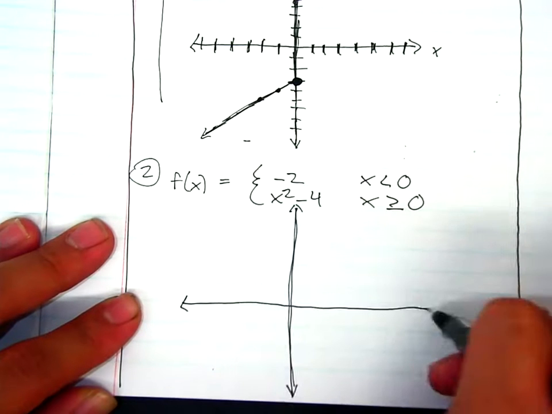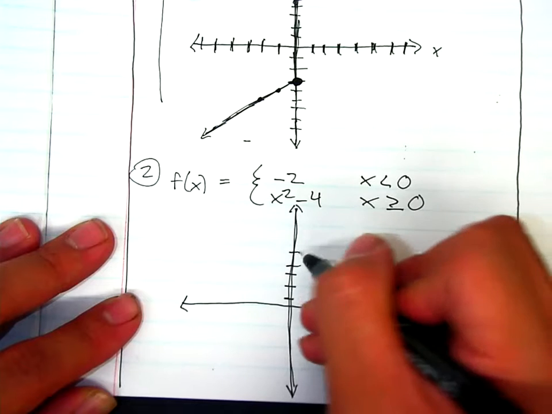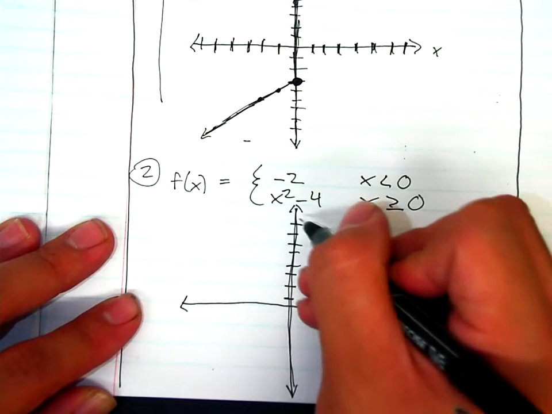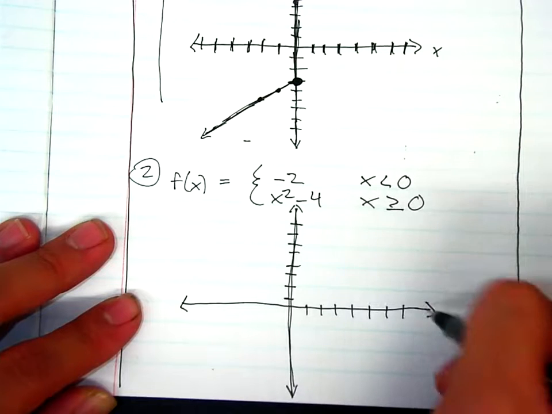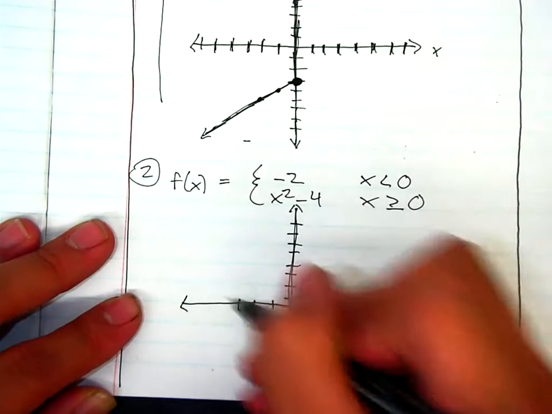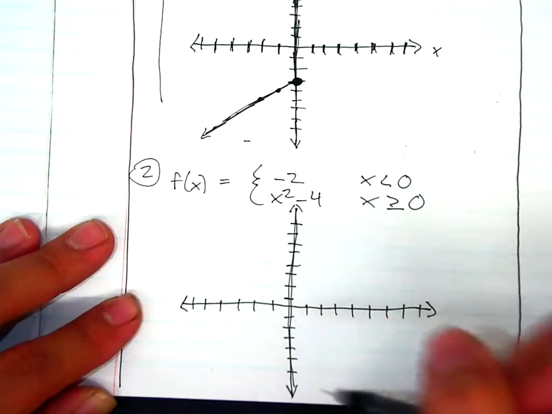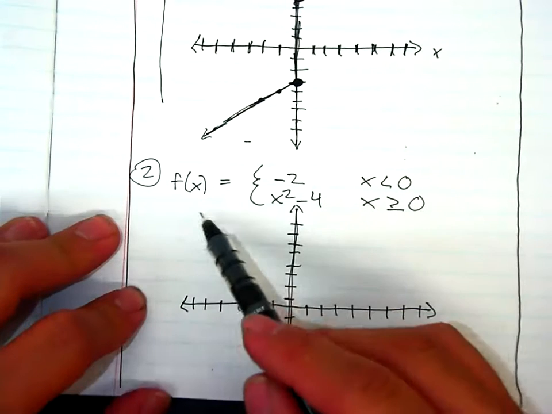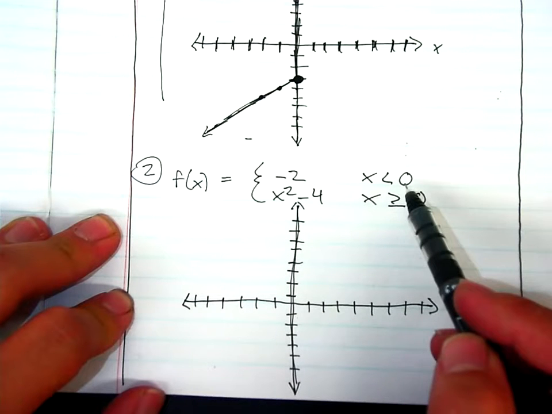Now notice that my first function is actually just a constant. Because it's just a constant, we know that it's just going to be a line. So I'm just going to set this up real quickly. 2, 3, 4, 5, 6. All right. So f of x is equal to negative 2 when x is less than 0.